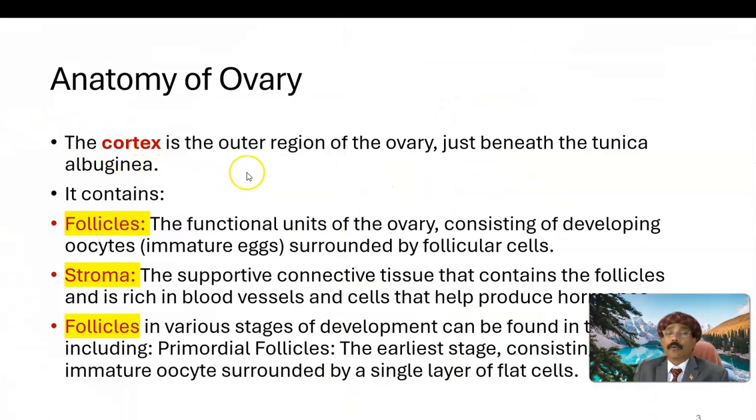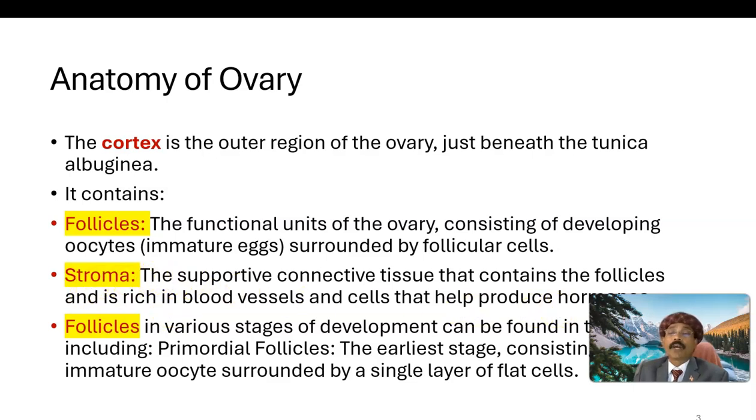The ovary has cortex, the outer region of the ovary, just beneath the tunica albuginea, which contains follicles, the functional unit of the ovary, consisting of developing oocytes. These are immature eggs surrounded by follicular cells. Initially, we have only one layer of follicular cells. As the follicle grows, it becomes multi-layered.